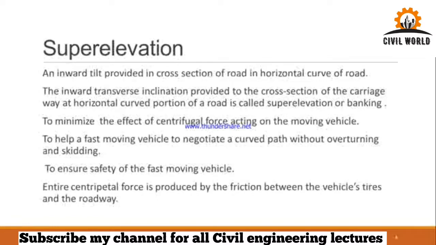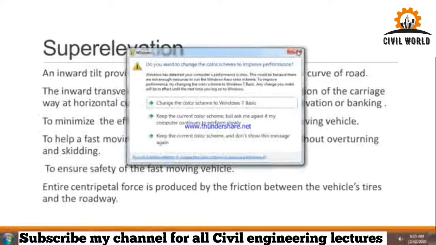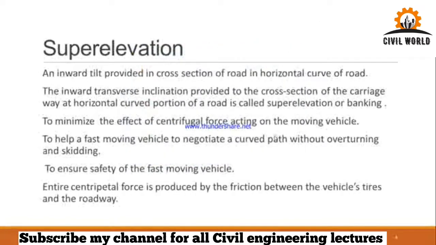Actually, I have already told you guys that there always exists friction on the surface of the tire as well as on the surface of the road. When the tire and road come in contact with each other, the friction produces frictional force.